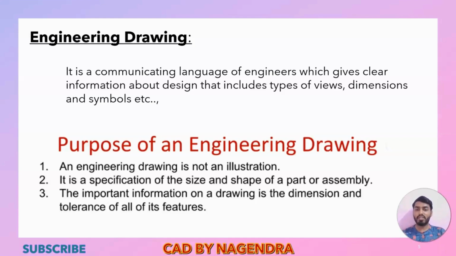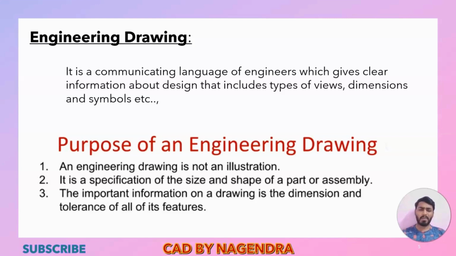By using that drawing sheet, he is able to understand what ideas I have in my brain. So it is a communicating language of engineers which gives clear information about design. It includes different types of views, dimensions and symbols. We are going to learn these in future tutorials.